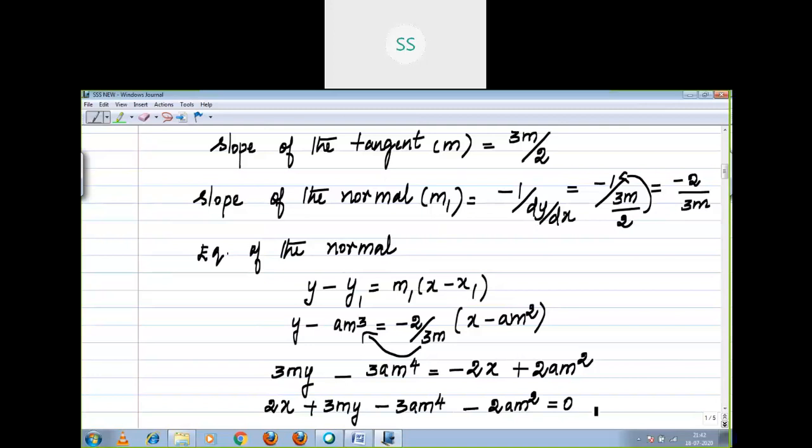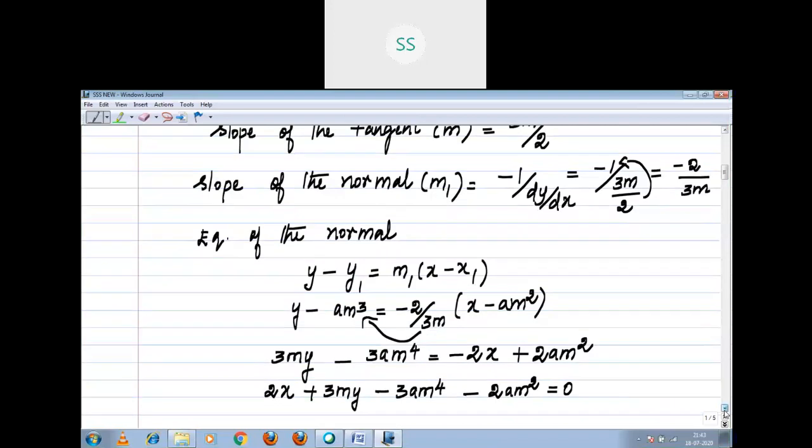It represents what? The equation of the normal. This is the required equation. What form does it represent? Yeah, very good, ax + by + c = 0.